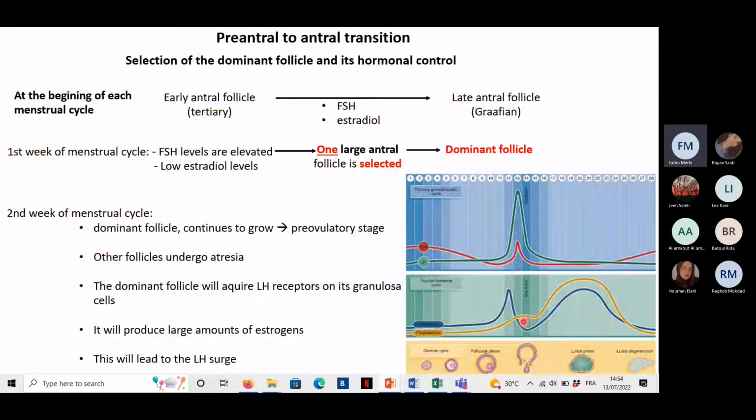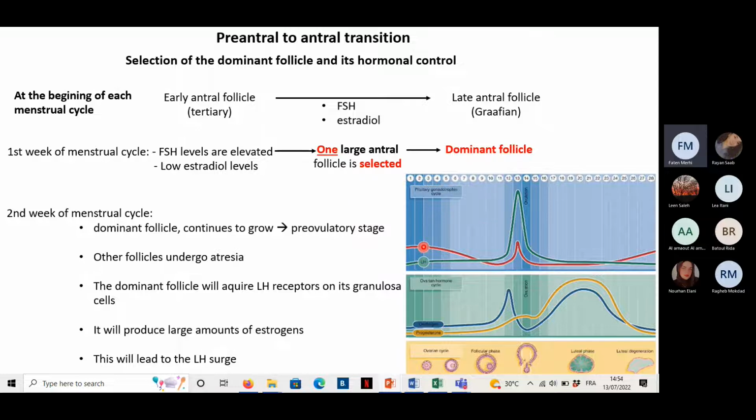Now here we can see that at the beginning of the menstrual cycle, we have high levels of FSH. At the beginning of each menstrual cycle, we have early antral follicles that are present, and they will be recruited to develop under the action of FSH.